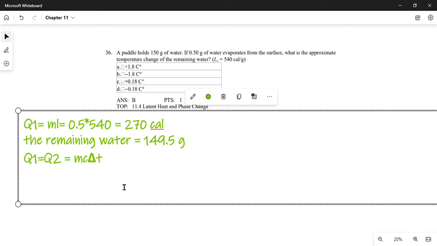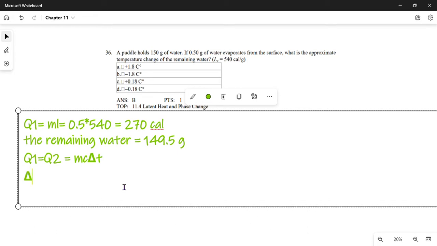So that means delta T, or the change in temperature, equals negative Q1 over MC.